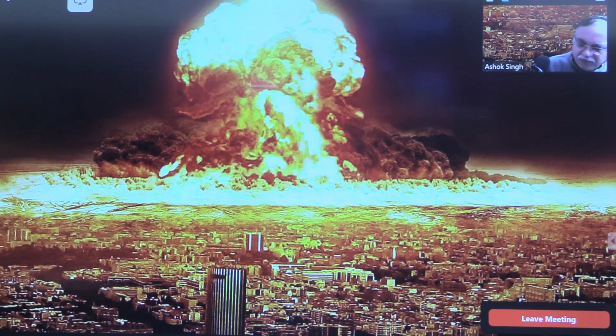In a nuclear bomb, there are no control rods. There's no need to have any control. So this is the nuclear control aspect as well as the nuclear weapon aspect.